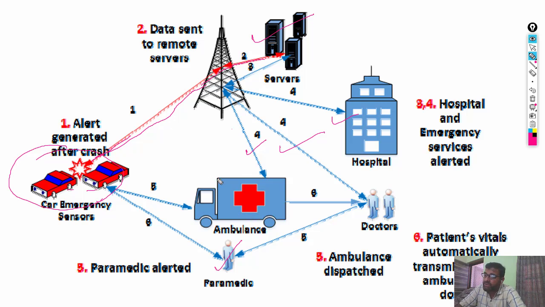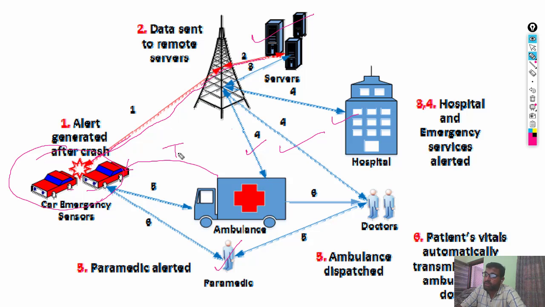Immediately the van rushes to the accident place and takes the patient out from there, and after that the treatment will start with minimum delay, with a minimum amount of time.